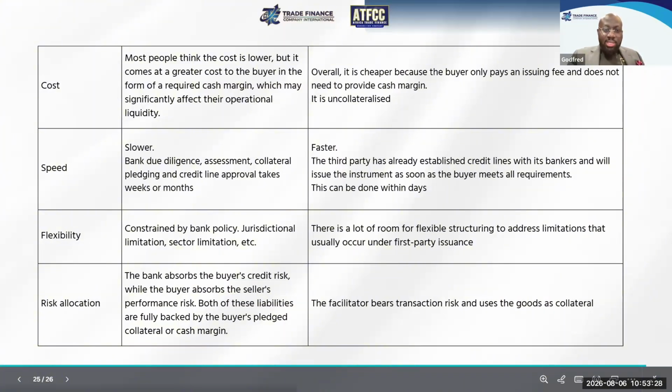What it simply means is that whatever is involved in a first party is hinged directly on the cash margin or the collateral that has been pledged for the credit line to be approved. In the third party, the facilitator bears the transaction risk and uses the goods as collateral.